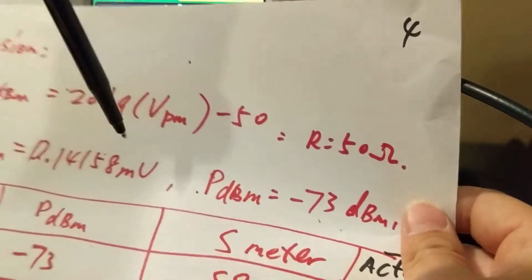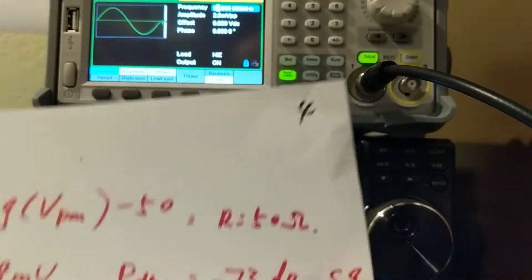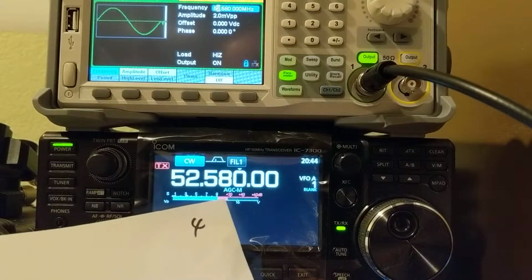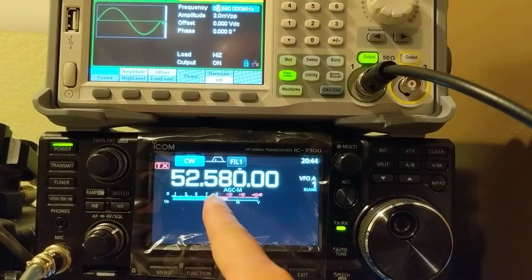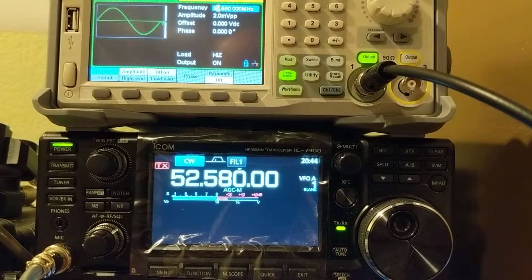I did some calculation, and I know that the Icom spec says S9, which is here, the end of the blue line, is defined as negative 73 dBm.